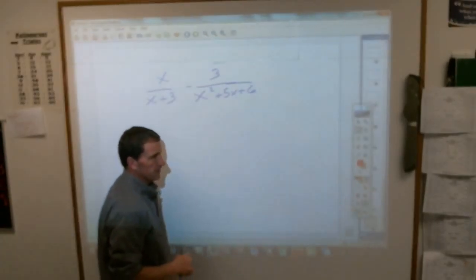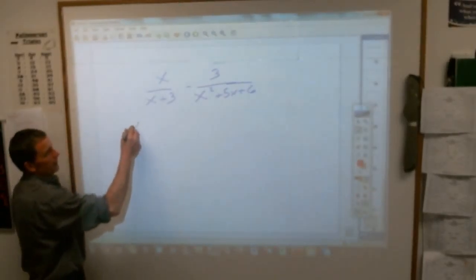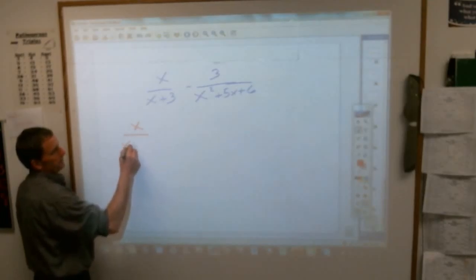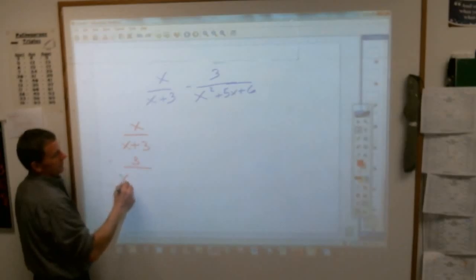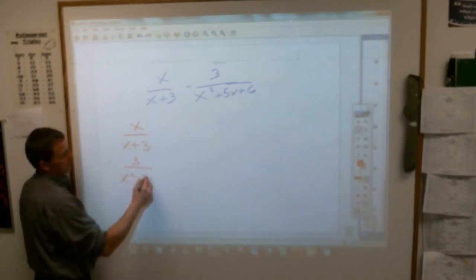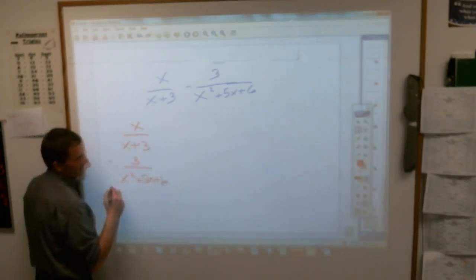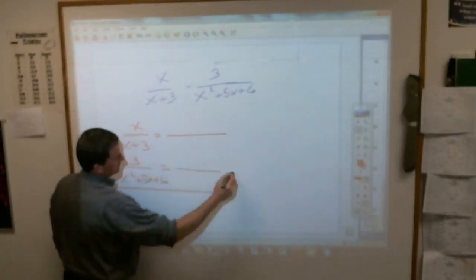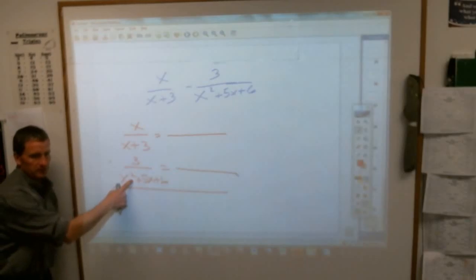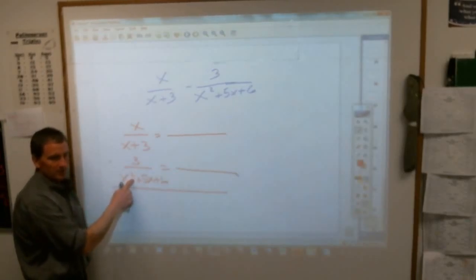So here we go, step by step. First thing, write it up and down. I'm left with x plus 3 minus 3 over x squared plus 5x plus 6. We have to try to find a common denominator, so you want to factor this. What's my binomial? What times what gives me this?